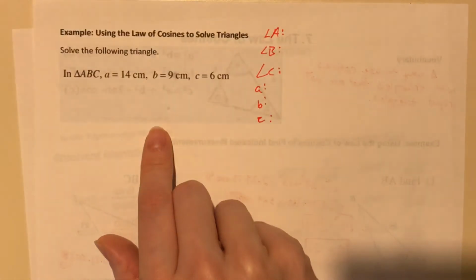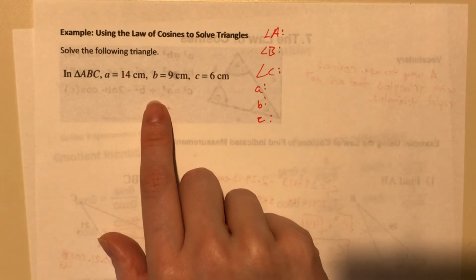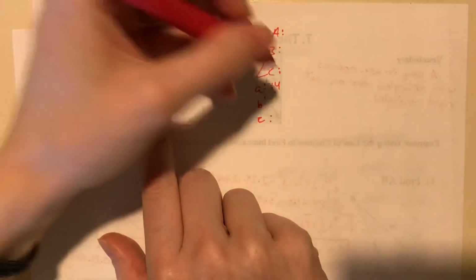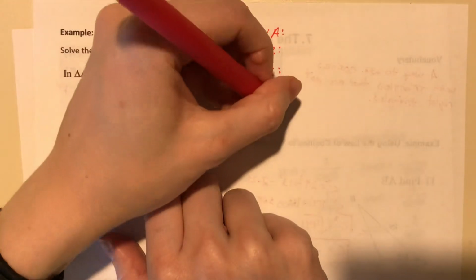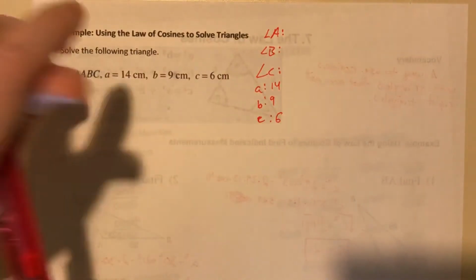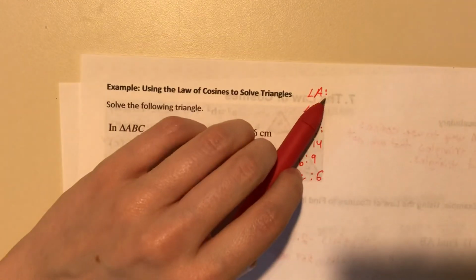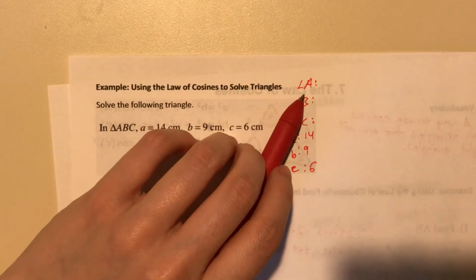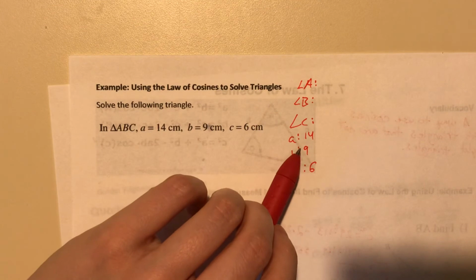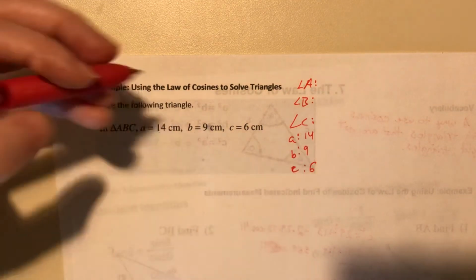And right now we know side A, side B, and side C. So A is 14, B is 9, and C is 6. So then we're just having to find angles A, B, and C. So to find angle A, we're going to use that same process as we did on the front. We're going to use the first law of cosines, the one with an A in it.